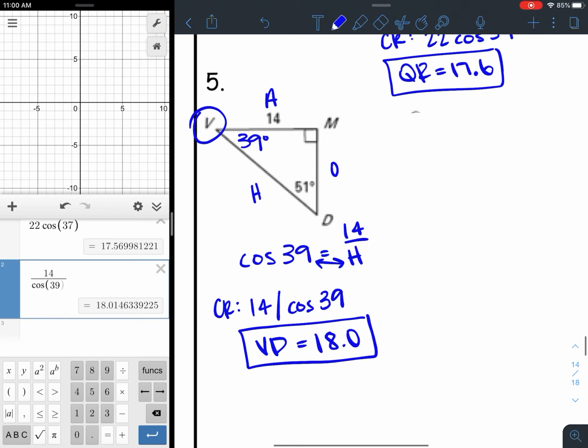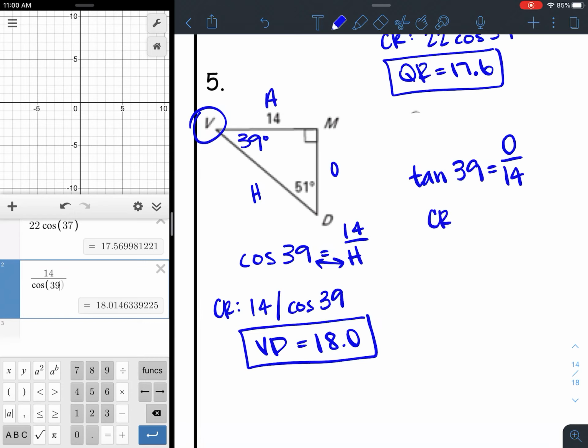And then let's go and find MD. So I'm still going to use the 39. Now I have the opposite and the adjacent, so I'm going to use tangent. Tangent of my 39 degree angle is equal to the opposite O over the adjacent 14.